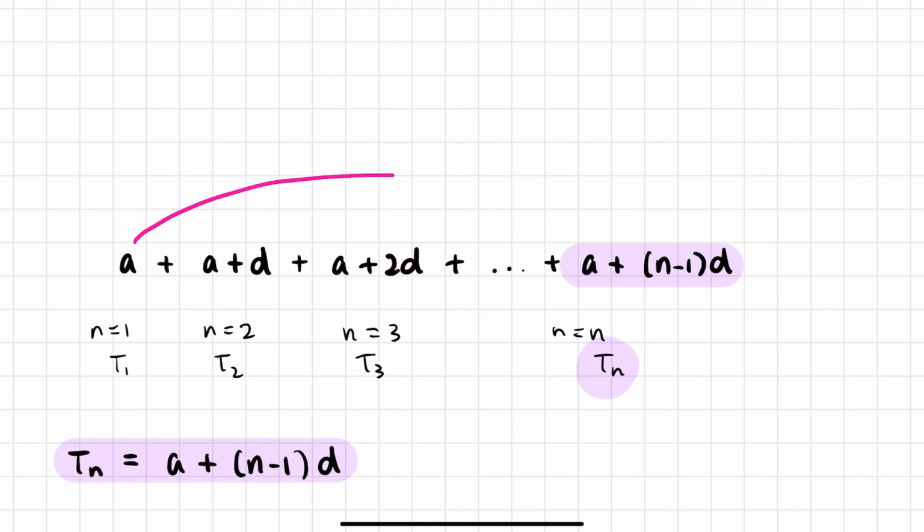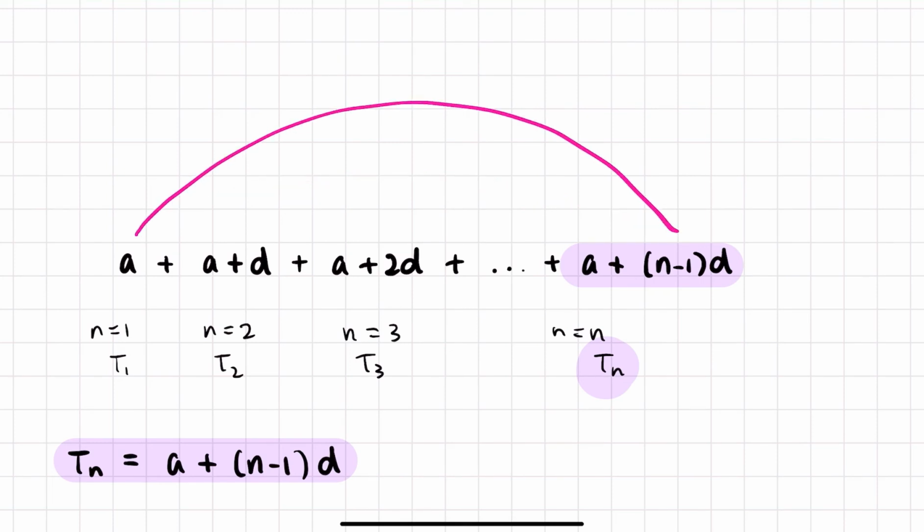So first plus last is going to be 2a plus n minus 1 d. Okay, so I added a and I added this.